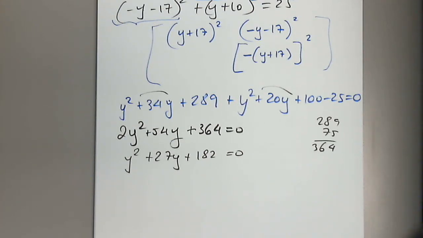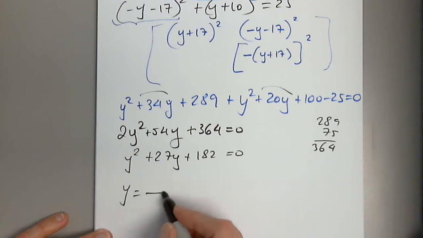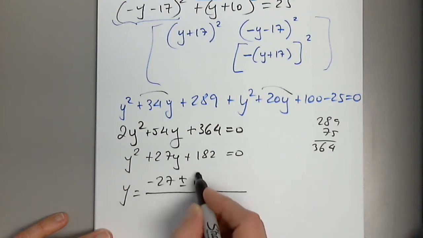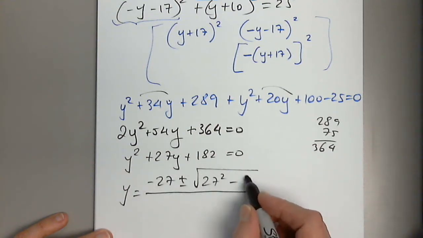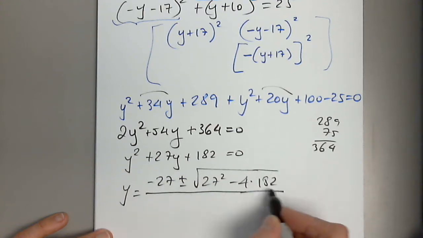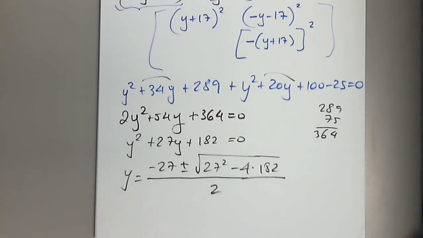Still, I would not work with these numbers. I would not factor. I would use the quadratic formula. So then y equals negative 27 plus or minus the square root of 27 squared minus 4 times 182, all divided by 2. I'll put it in parentheses: negative 27 plus the square root, in parentheses, 27 squared minus 4 times 182, close the parenthesis, close the outside, and divide by 2.